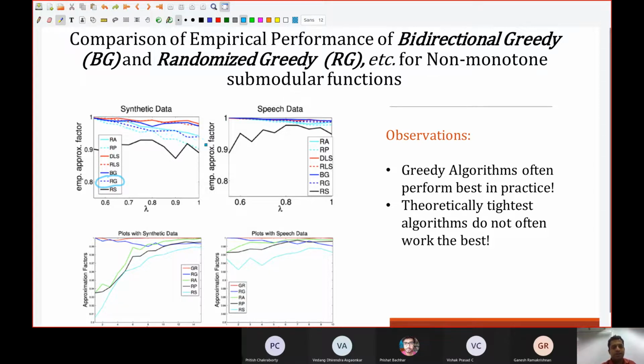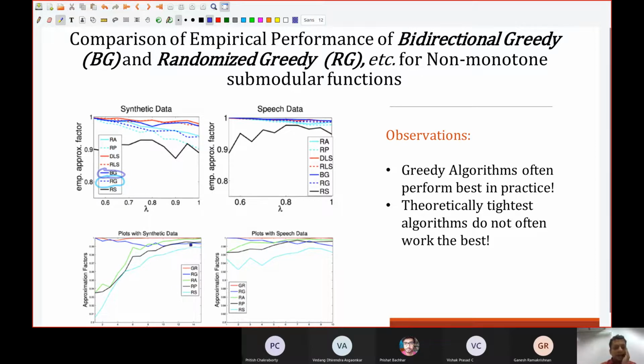I hope you can see. As against the bidirectional greedy, that's in dark blue. It's not dashed, it's this one. So bidirectional greedy does comparable, sometimes does better.